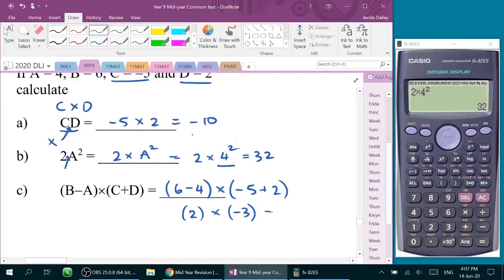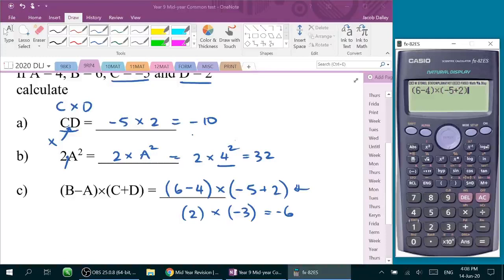So we should get negative 6. But what I wanted to show you is you can just put that whole thing into your calculator. So let's do that: 6 minus 4, times negative 5 plus 2.